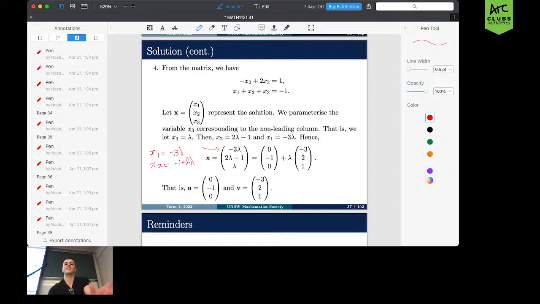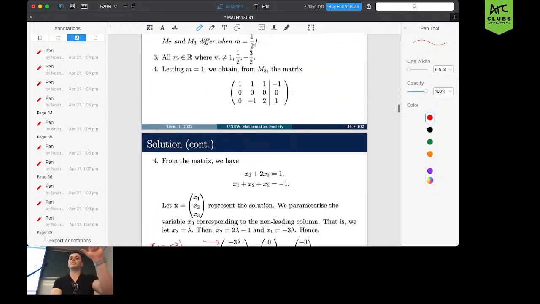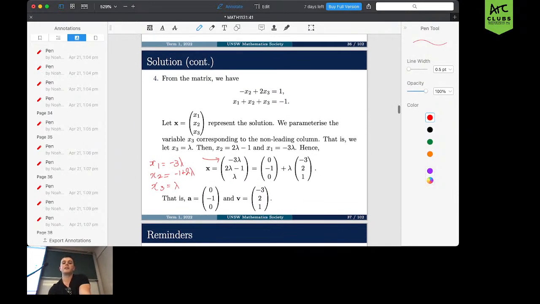I'm writing it like that so that you can eventually express it as that. And then x3 is going to be equal to 0 plus 1 lambda, but that's just really lambda. Because we had a non-leading column in the echelon form, you give the x3 variable a parameter called lambda. So that's how we derive lambda.